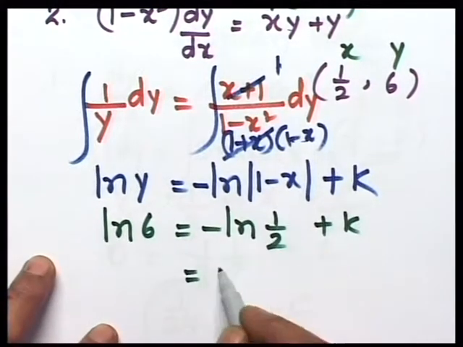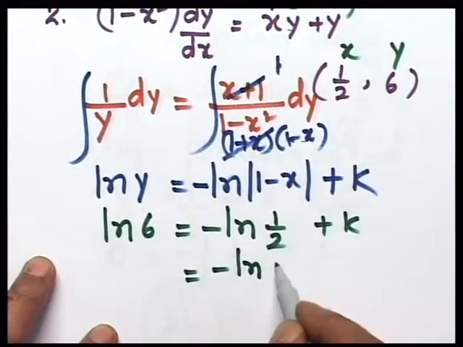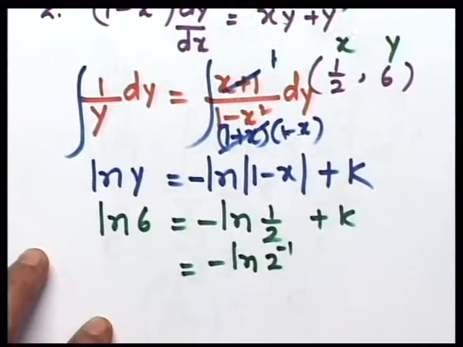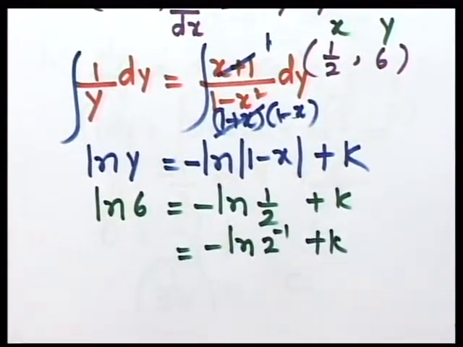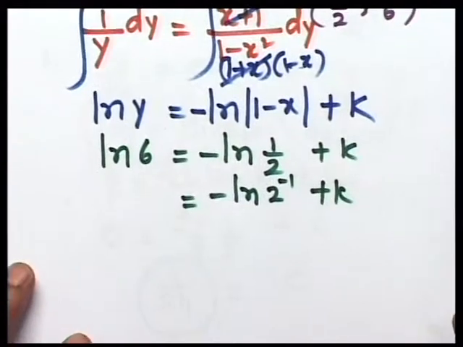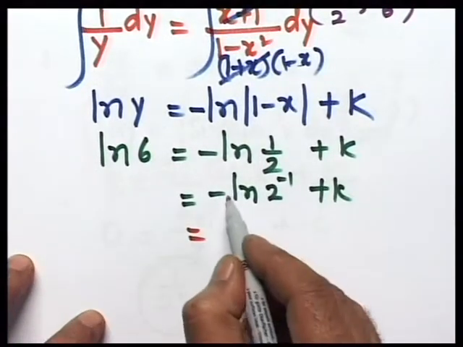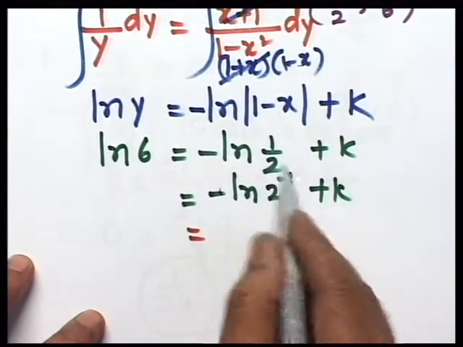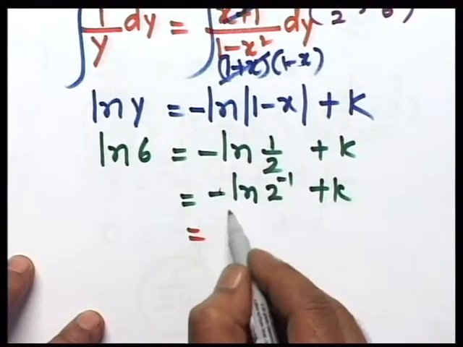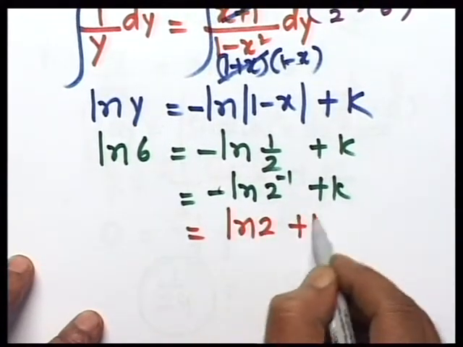Then this is minus ln, half is 2 to the minus 1, watch, right, plus k. And simplify a little bit further, use all the log rules that you know. Minus times a minus, that goes to the top, becomes a plus. So that's ln 2 plus k.